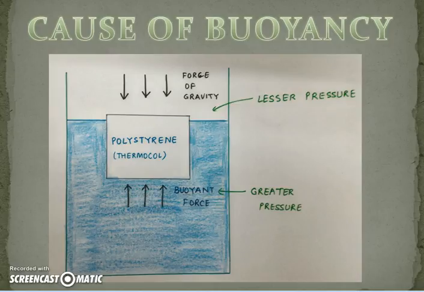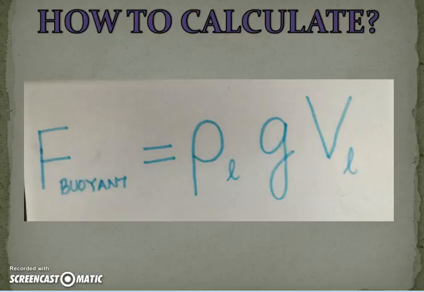Okay, so we know what buoyancy is and what is its cause. But how can we calculate buoyancy of a particular object? For this, you have the formula: buoyant force equals density of the liquid times acceleration due to gravity times volume of the liquid displaced. This is a fairly simple formula, but you just need to remember two things. The first thing is that the density here is the density of the liquid and not the density of the object.